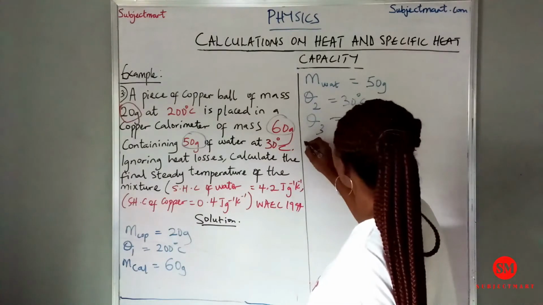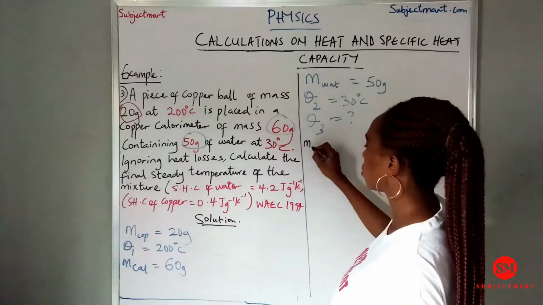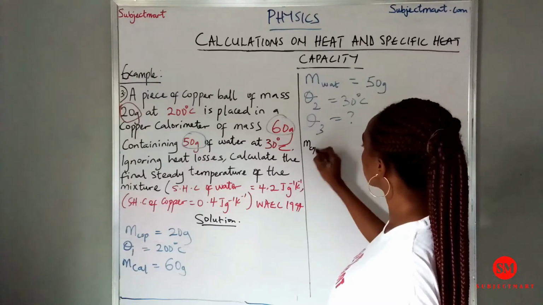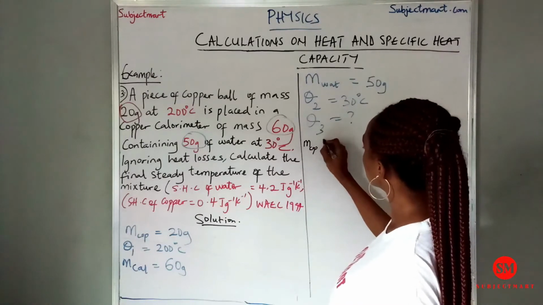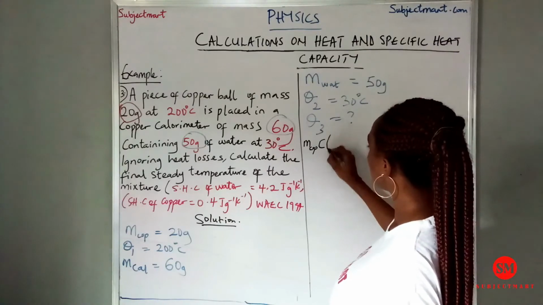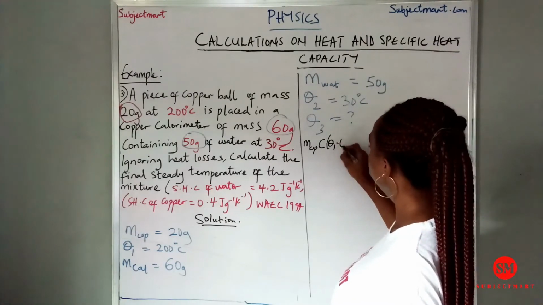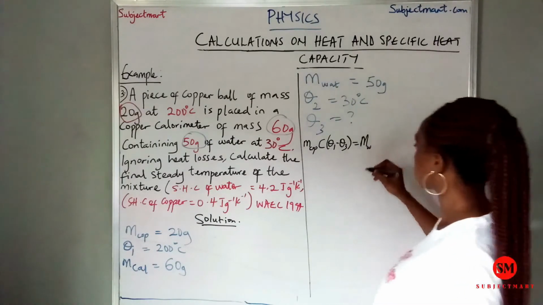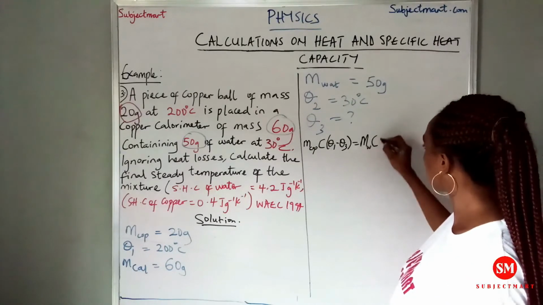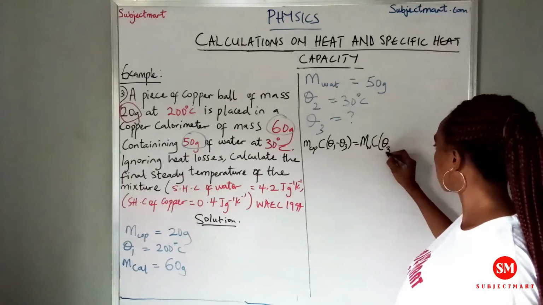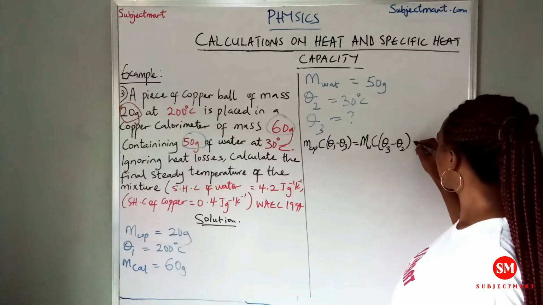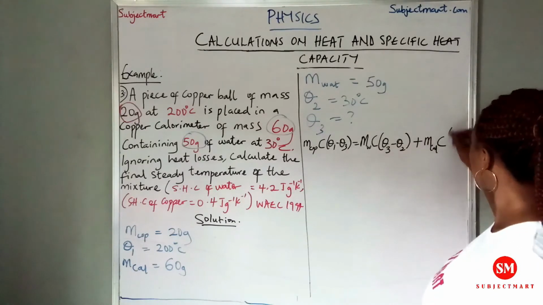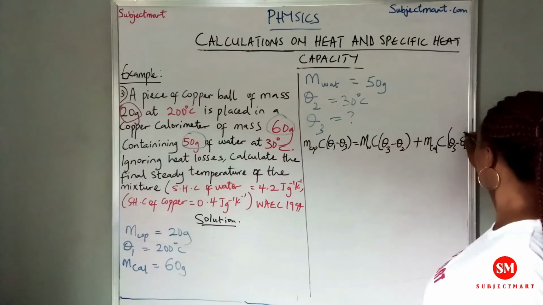I have a mass of solid, which is copper. Mass of copper, specific heat capacity of copper, and theta 1 minus theta 3 of copper is equal to mass of water, specific heat capacity of water, theta 3 minus theta 2, plus mass of calorimeter, specific heat capacity, then theta 3 minus theta 2.